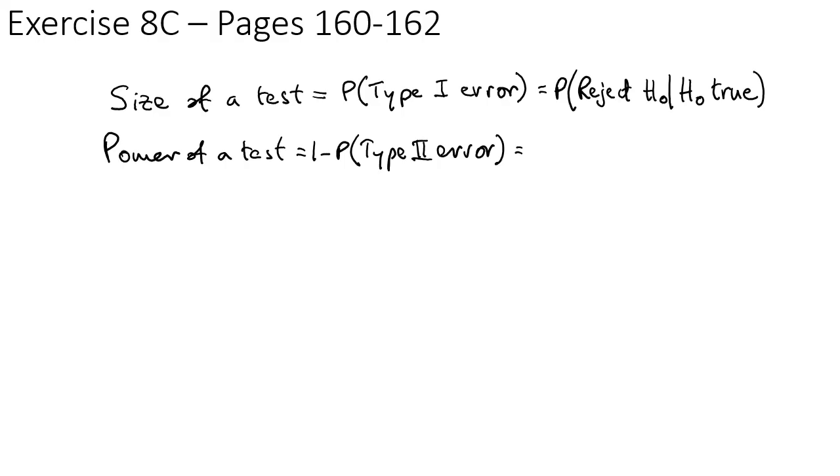And actually the power of a test is the probability that we reject H0 and H0 is false. So this little flowchart may help you.